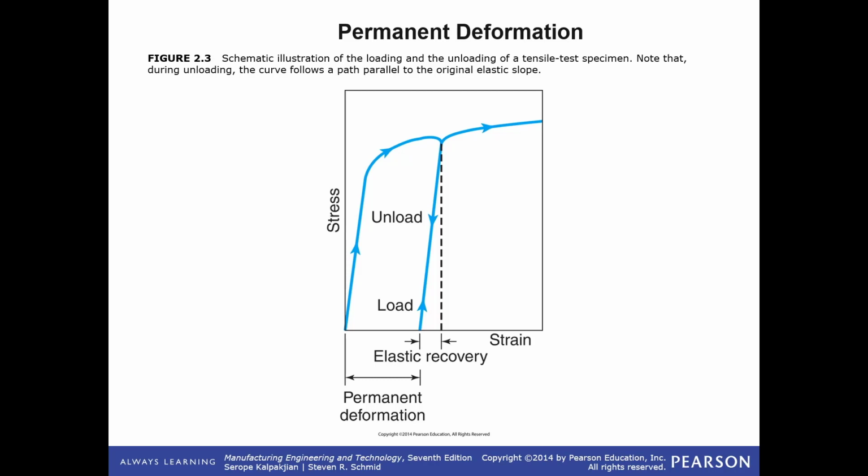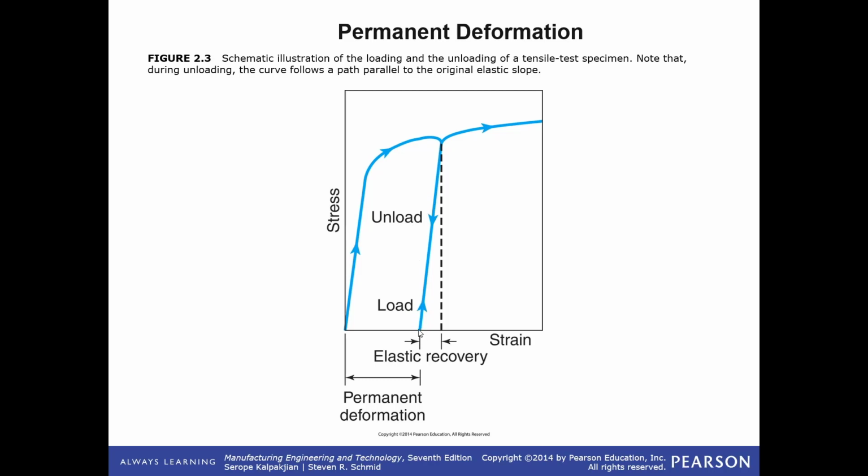So that snaps back. You end up getting this snap back, but it only snaps back the same amount it would have right before it initially yielded, right? So you end up stretching the part a certain length, and then what it'll do is, this is called elastic recovery.